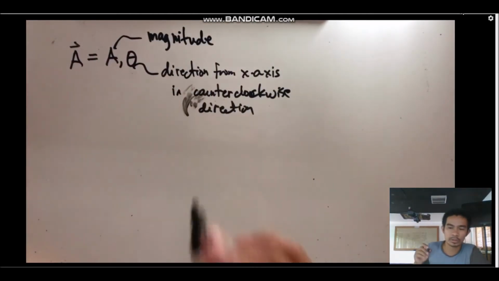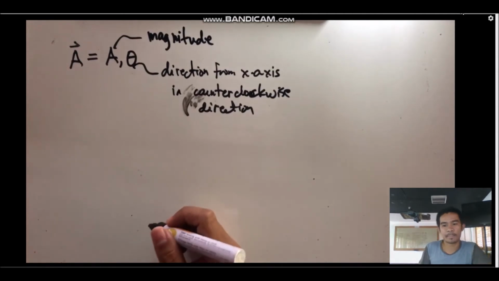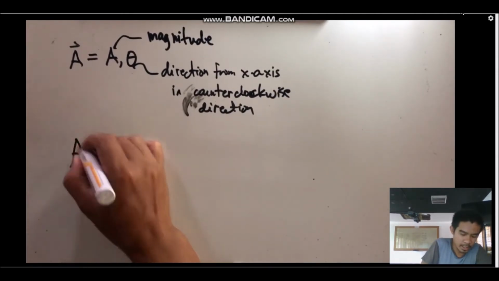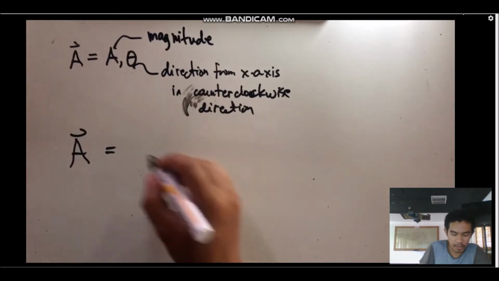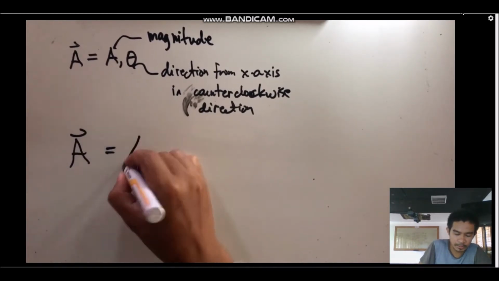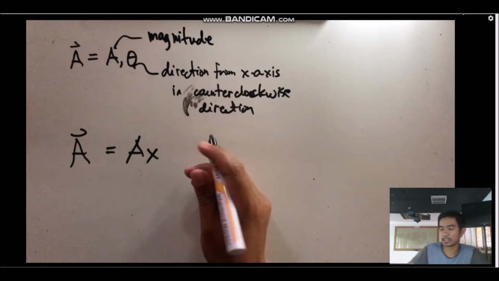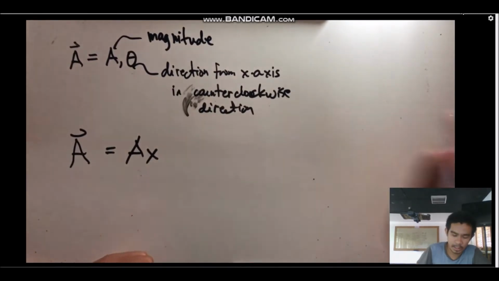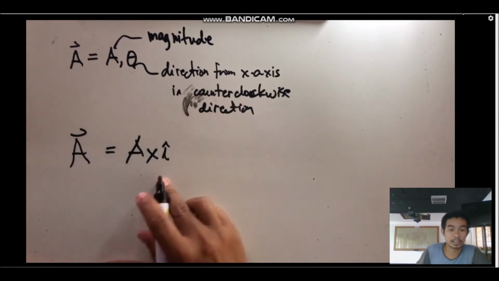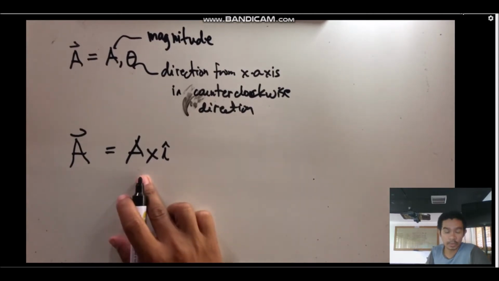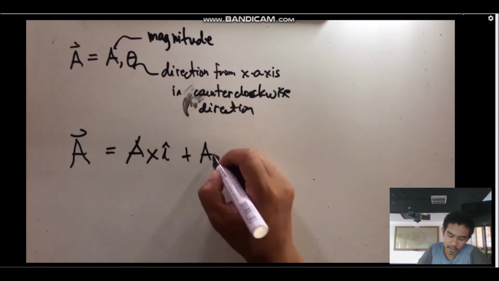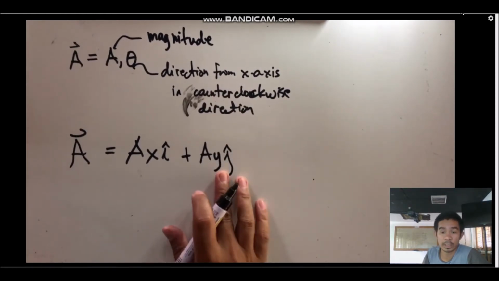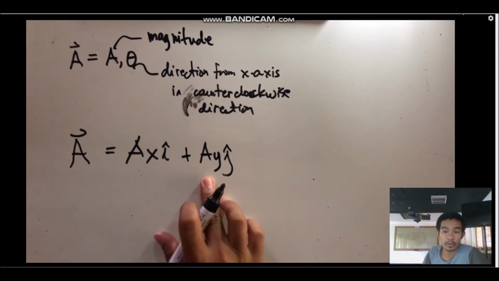And also, if we're going to consider components and unit vectors, then vector A can be expressed in terms of components. Then we have A_x times i hat, the unit vector along the x component, plus A_y times j hat, the unit vector along the y component.